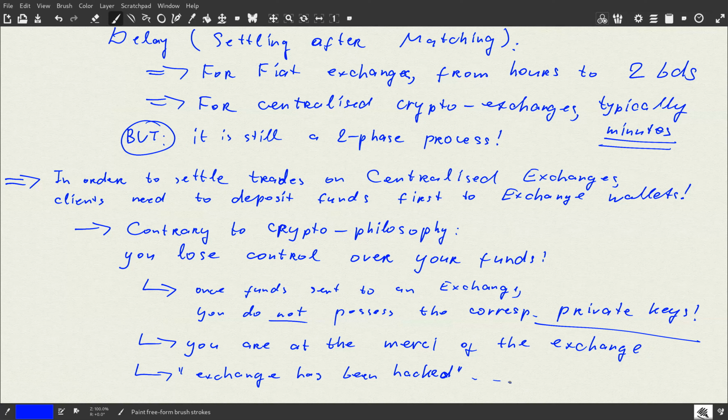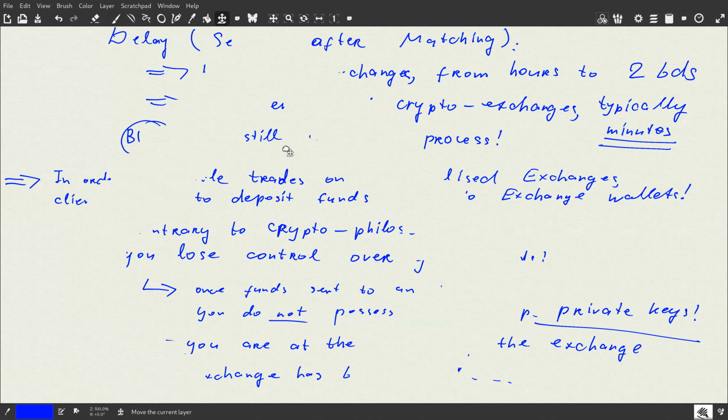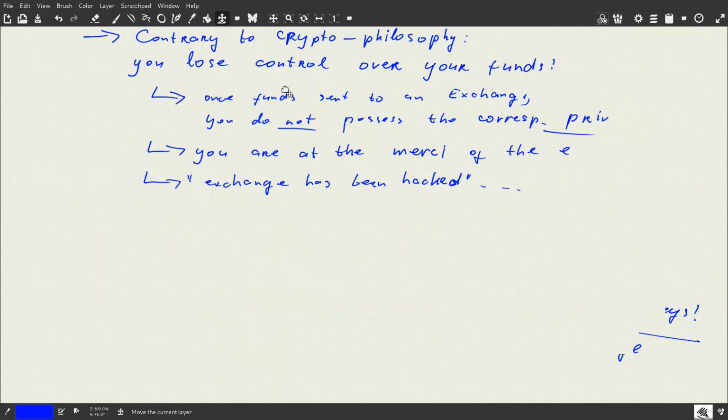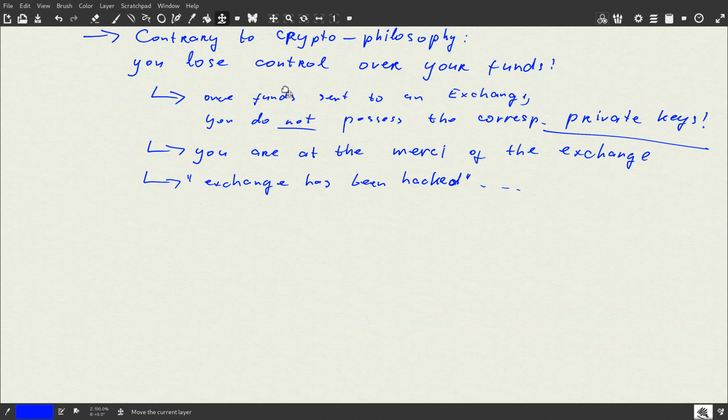This is a critical point why using centralized exchanges might not be a very good idea, or at least you can do it transiently, having converted your cryptocurrency into another currency and then sending it to a wallet over which you have full control. You have the corresponding private keys, because now it is your complete responsibility how to store the keys.